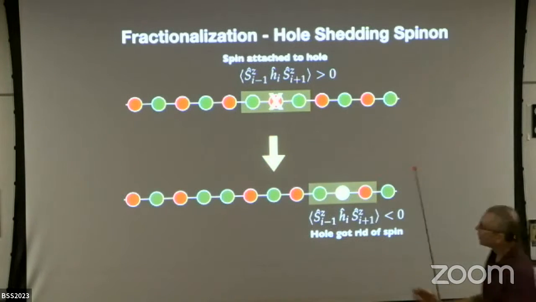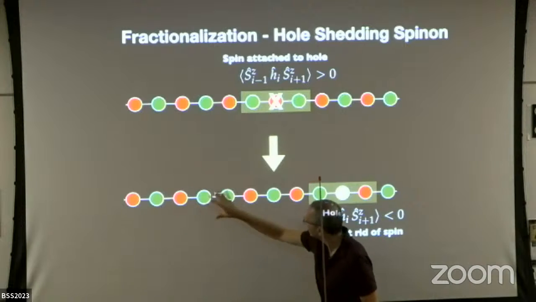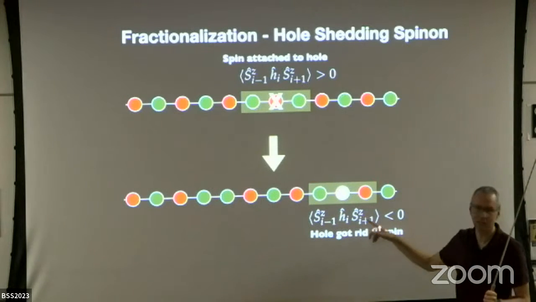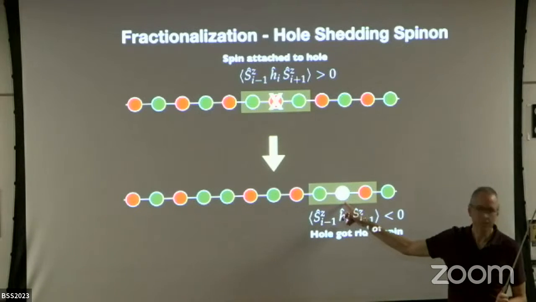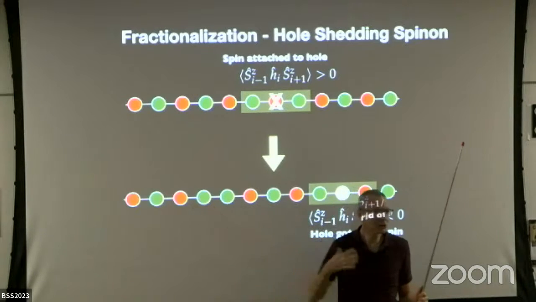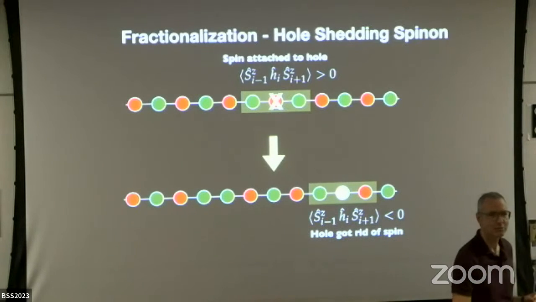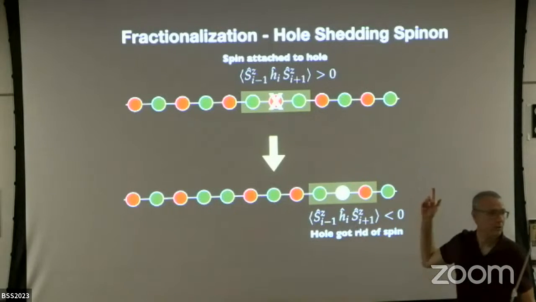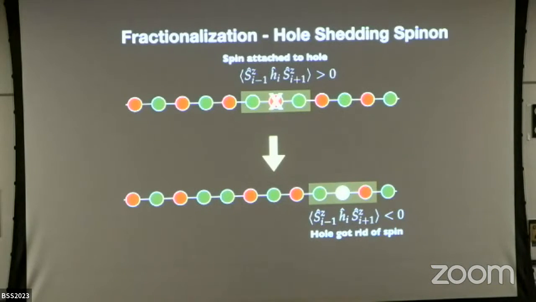But when the spinon has separated from the holon, when they have really moved into different directions, you see that the spin-hole spin correlator has become negative because the spinon has been liberated from the hole. This is a very nice way of seeing the spin charge fractionalization, by seeing how the spin-hole spin correlator turns from positive to negative.